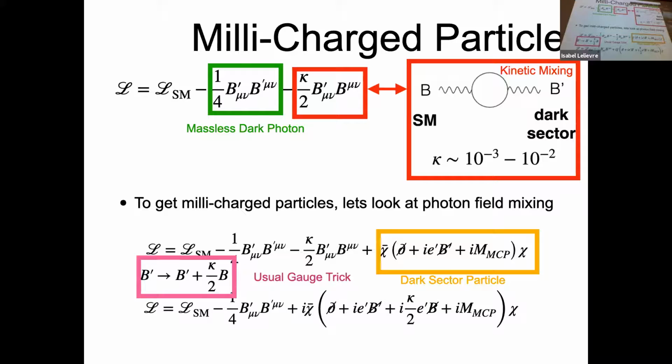But I have this other choice where I can redefine my photon, and then I don't get millicharged particles. So why do we make this distinction when I have a massless dark photon? Because I can make either choice. You don't have millicharged particles, but standard model particles are millicharged in the dark sector. Correct. I don't know how to measure standard model particles that are millicharged in the dark sector. But if you can come up with a way to do that, it would be a very nice paper.